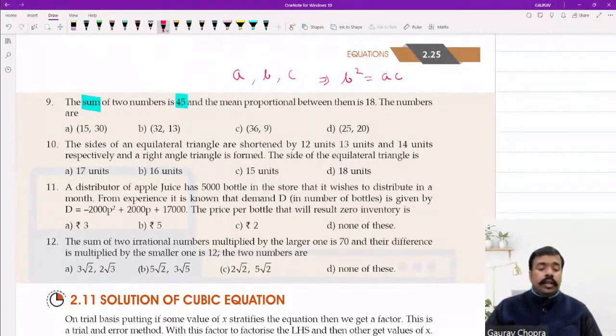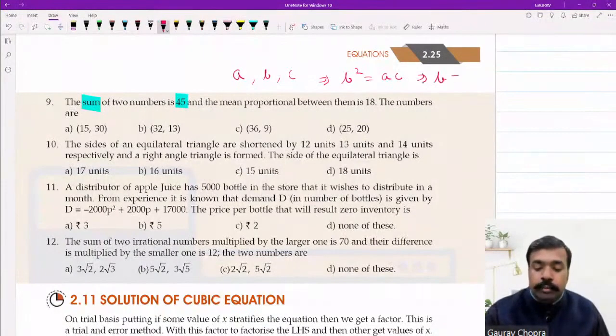If we try 15 and 30, 15 plus 30 is 45. But when we talk about the mean proportional, B should be the root of AC.